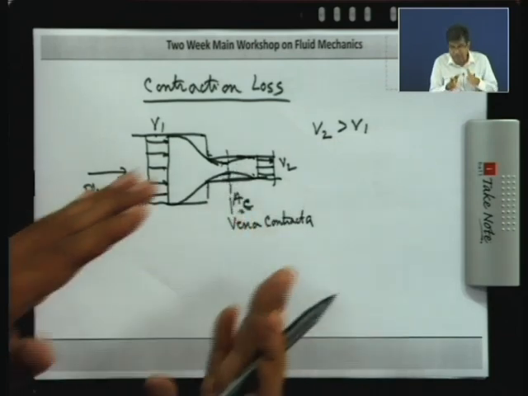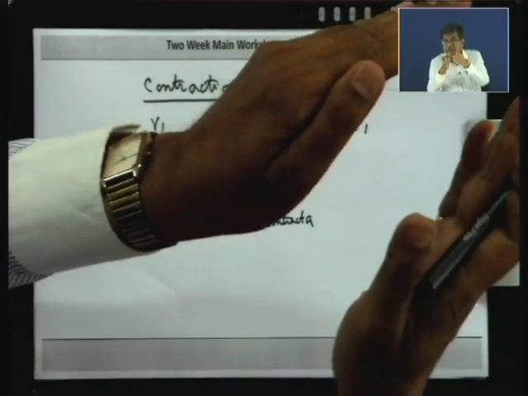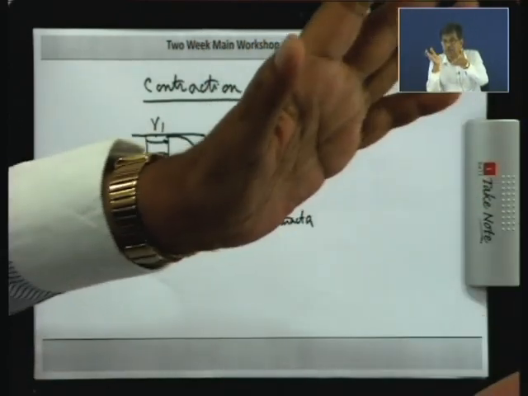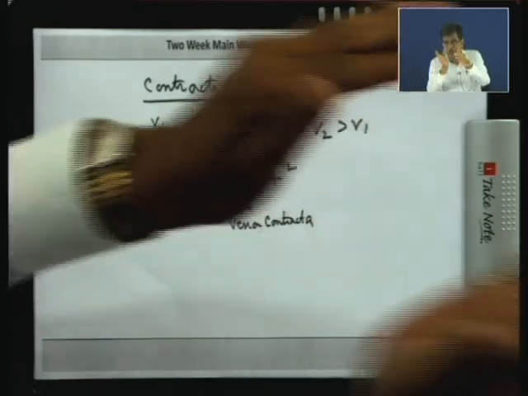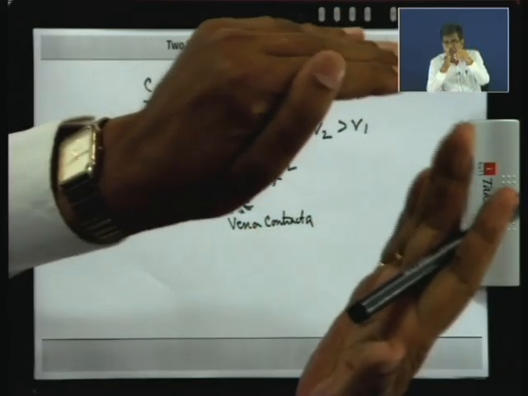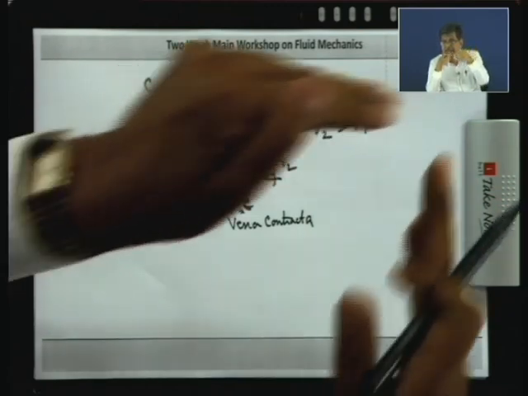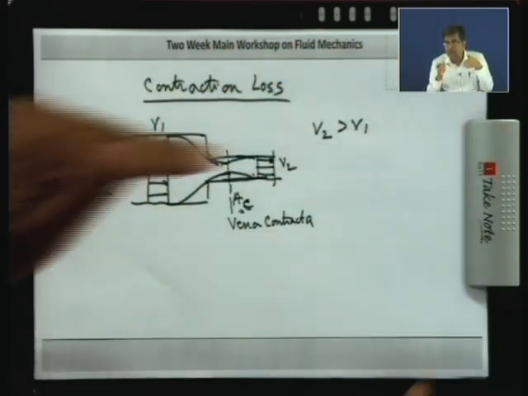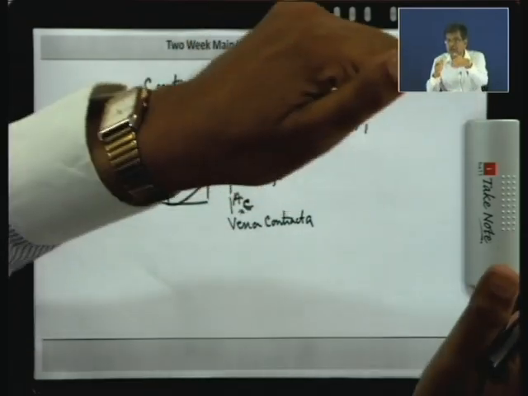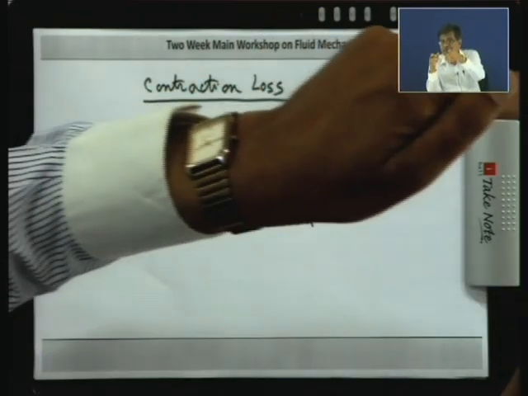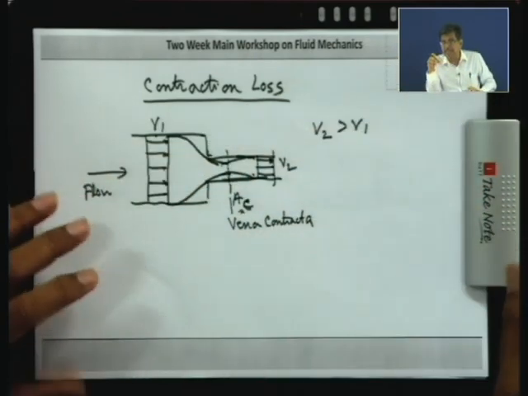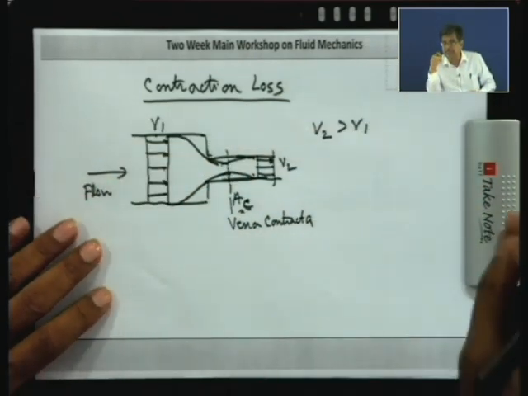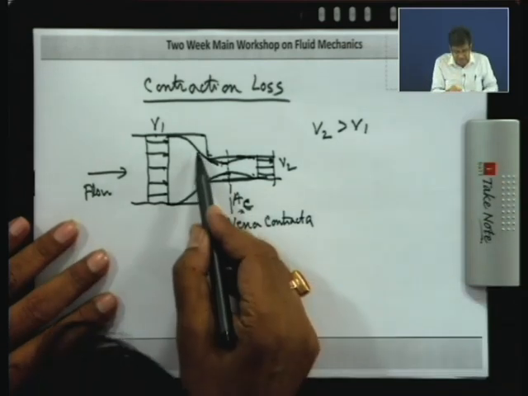When flow takes place through a converging area, in case of subsonic flow, supersonic flow it is just the opposite, you do not be confused with that. But in our case always when the flow passage is converging by the contraction of the solid boundary, or by the stream surface, stream tube, then flow is accelerating, velocity is increasing and pressure is decreasing.